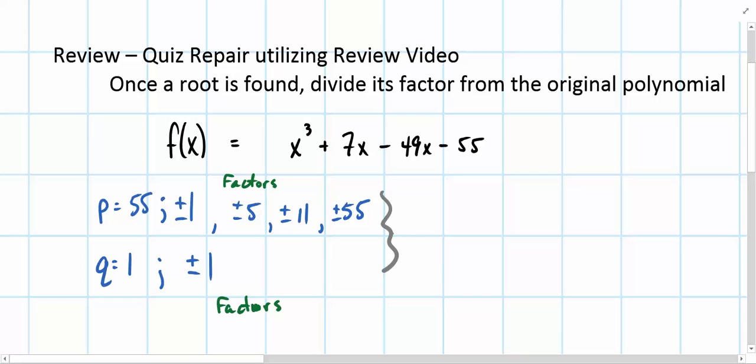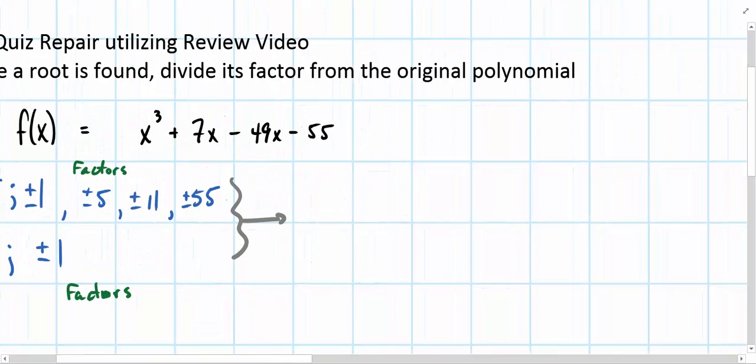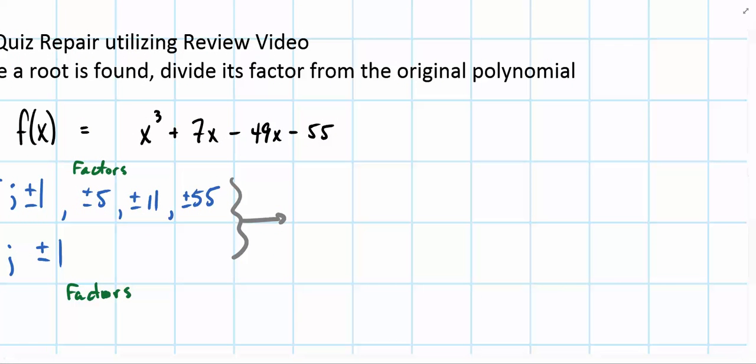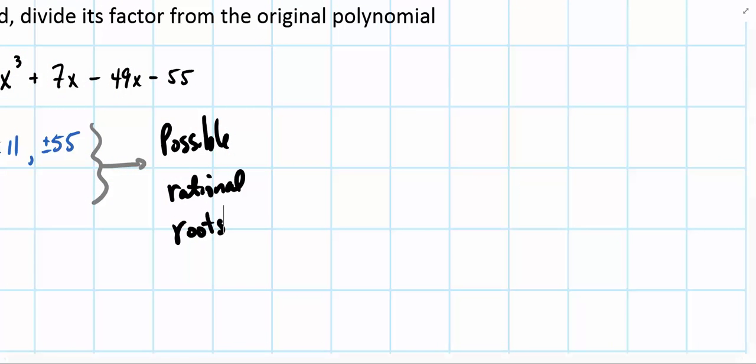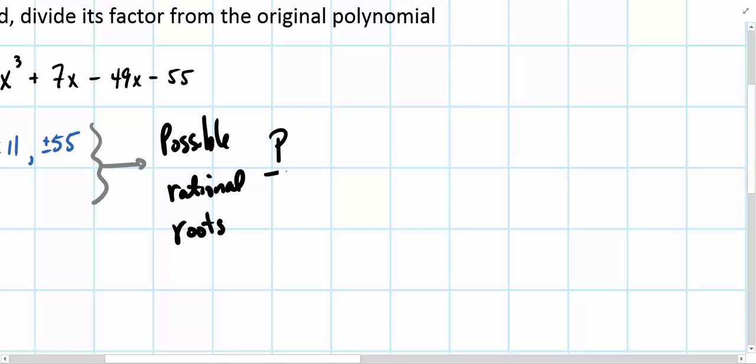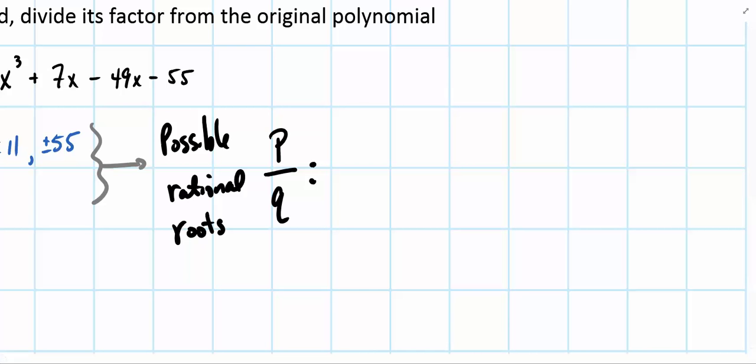With both of those sets of factors identified, we can identify possible rational roots. Now, this won't find all real roots, but it could list all of our rational roots here. Possible rational roots exist at all of the factors of p divided by all of the factors of q.